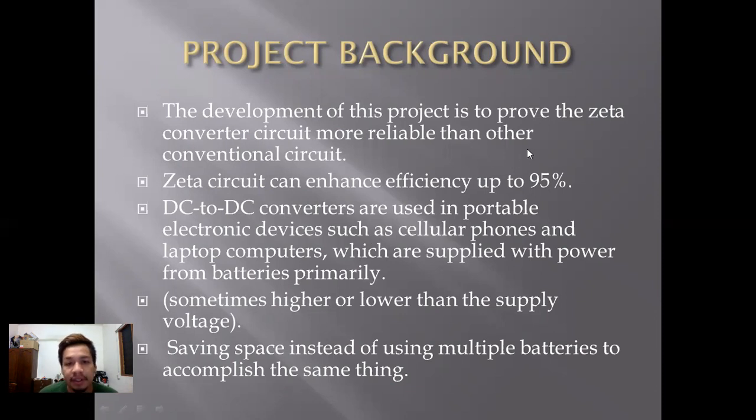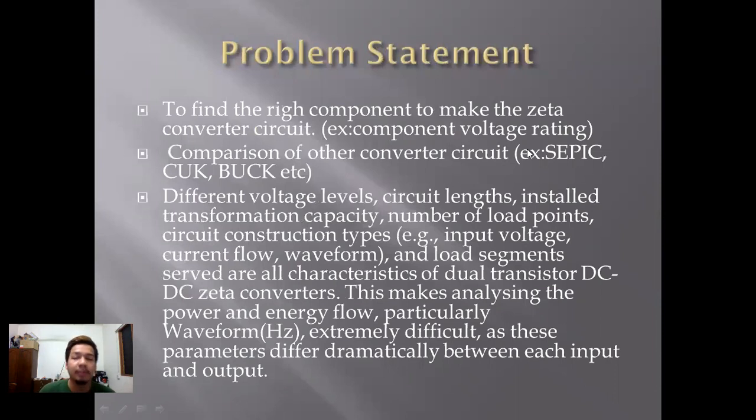And next, the problem statement for this project is to find the right component to make the Zeta converter. This is important because if we select the wrong component, it will affect our result, and it can make the output unstable.